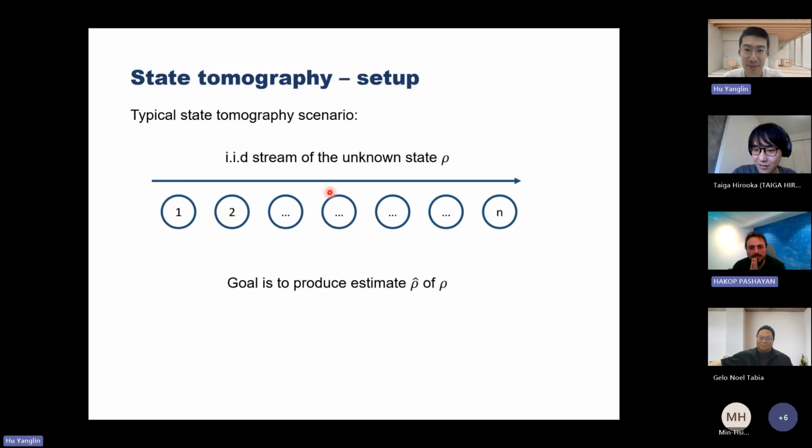On a similar vein, what if, instead of having rho tensor n, you have a symmetrized state? So you got some rho 1 tensor rho 2 tensor rho 3, which are potentially a little bit different, and then you symmetrize it, and you get a symmetrized state which could have a little bit of entanglement across the copies.